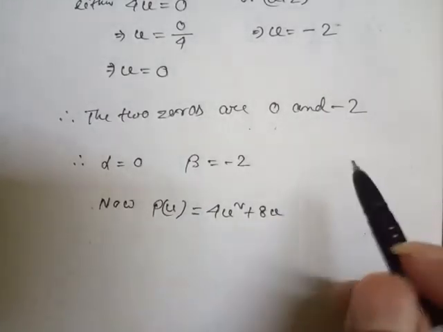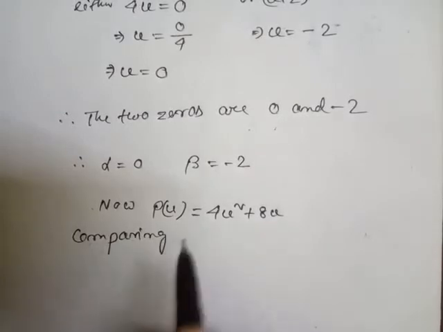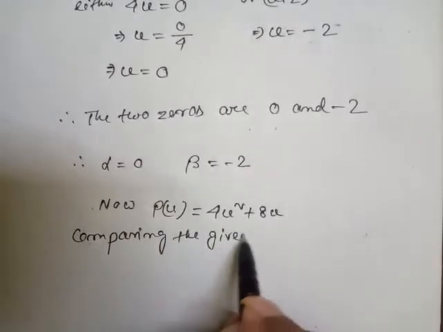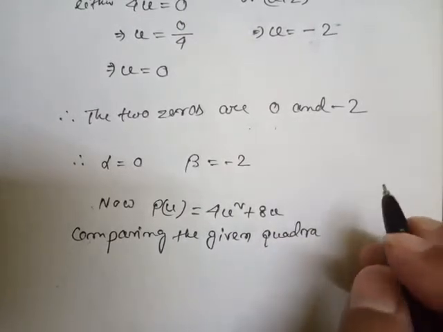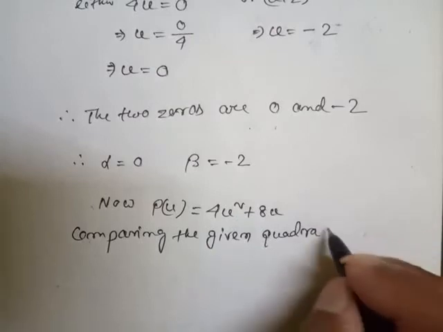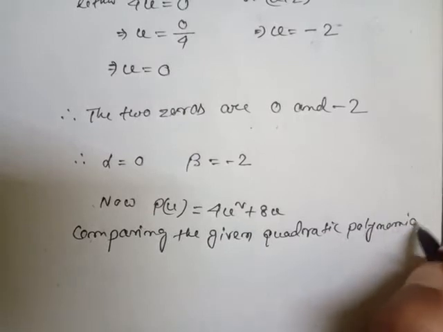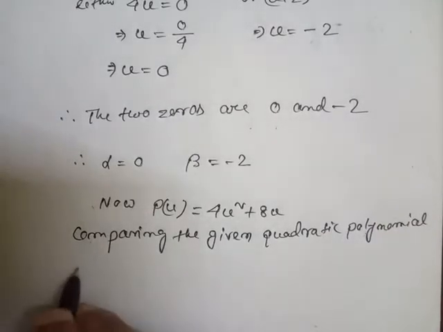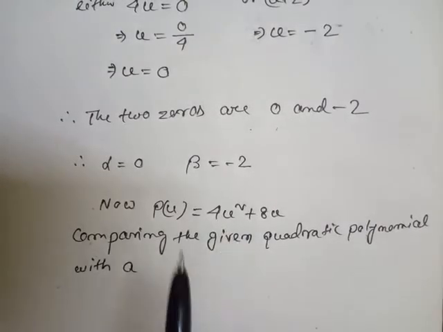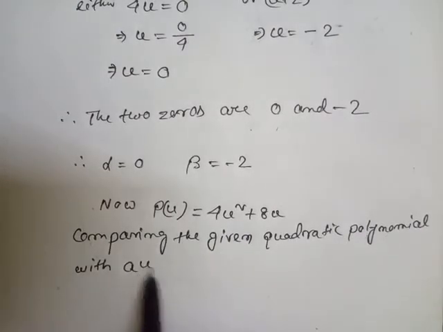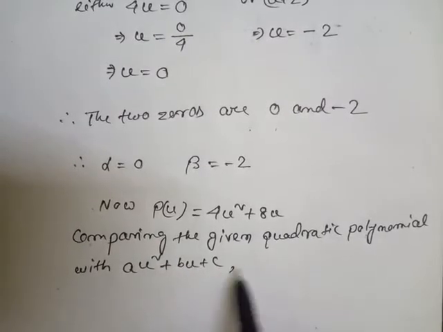Now if we compare, we'll write here: comparing the given quadratic polynomial with a, since there is u, I cannot write a x square, I will write au square plus bu plus c.